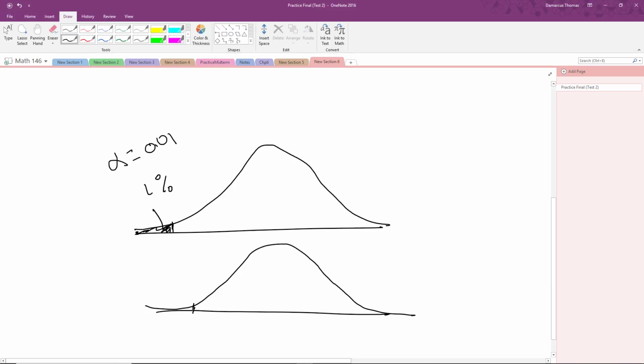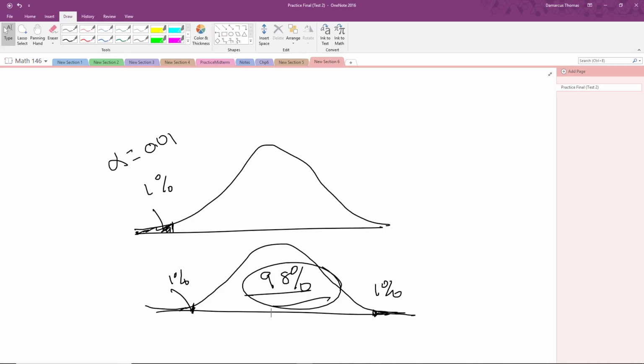So if we want a confidence interval on 1%, the other side must also be 1%. And what does this mean? It means that the inner level is 98%. Because we're dealing with 1%, we want the 1% to match. So I have to set my confidence level at 98%. And that's what I'm going to use for mine.